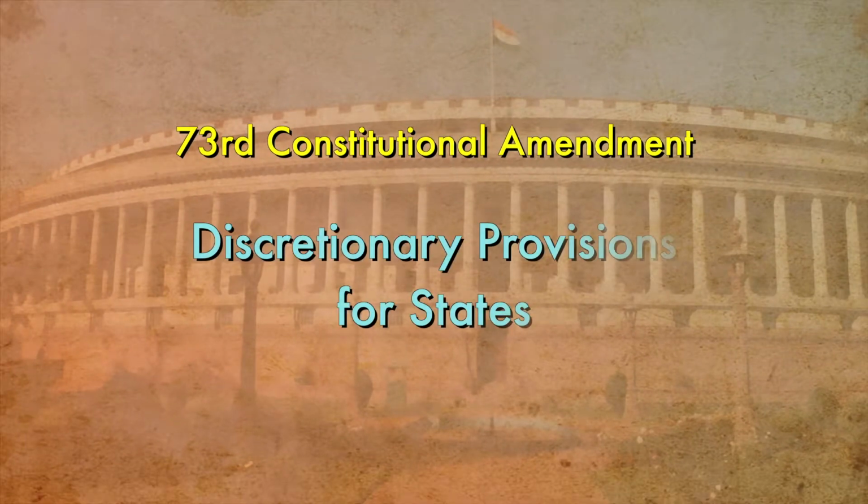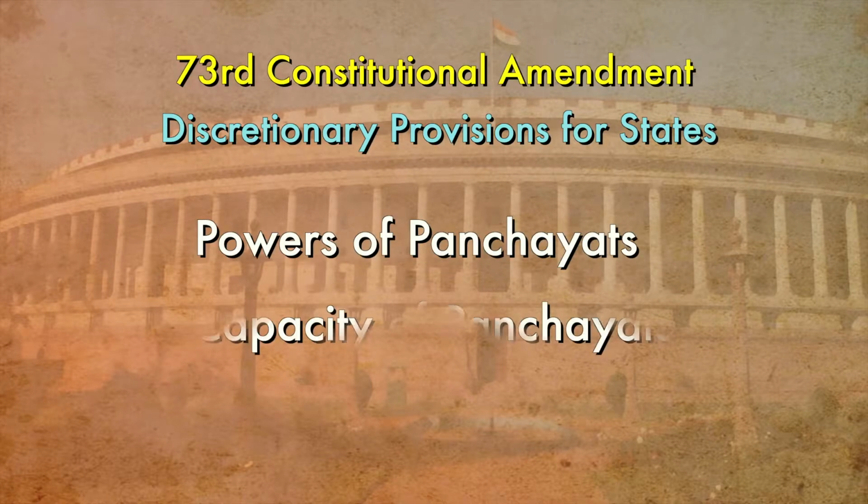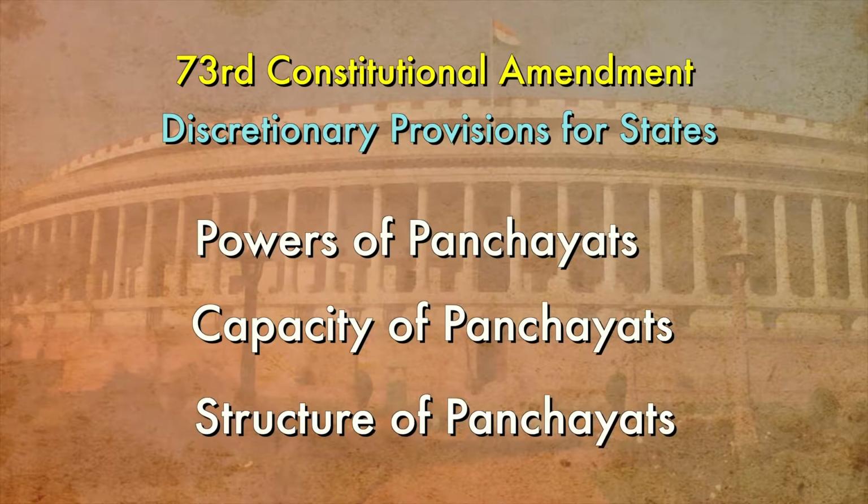Now, we will move on to the discretionary provisions for states. States are given certain discretion to have their own policy on powers, capacity and structure of panchayats. We will go one by one.